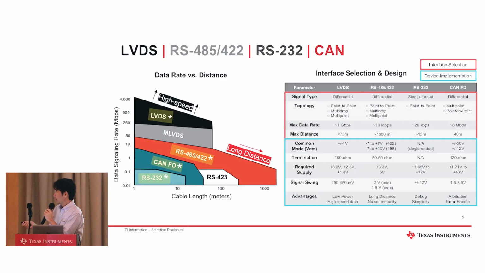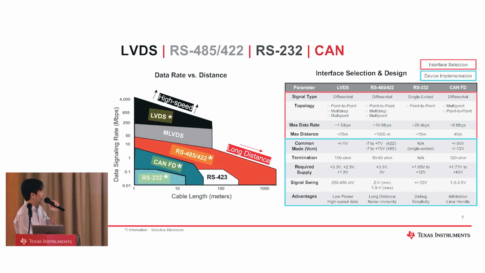Okay, so this chart is showing you the relationship between the cable length and the data rate of each standard. Depending on the needs of your application, you can select the appropriate standard. Here you can see that, for example, the RS-485 standard is a very common standard.